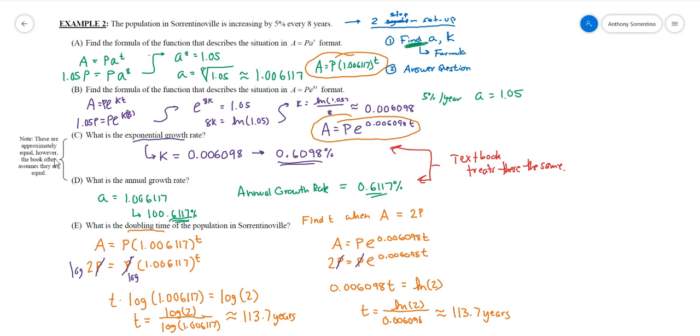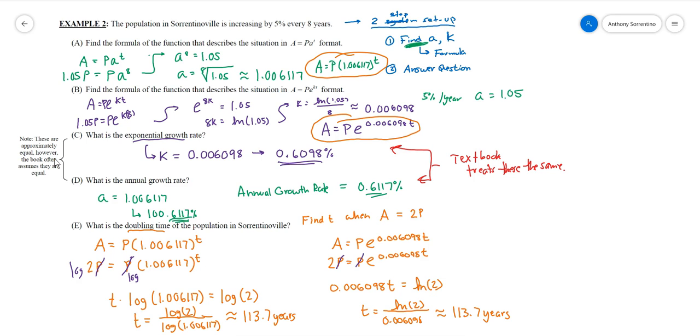So it doesn't matter which formula you utilize for this. It's just you need to make sure that you keep it straight, and you've already set it up. You've either found out what the base A is if you're using the one outlined in A, or you've found out what K is in the instances where you're using P e to the kt.